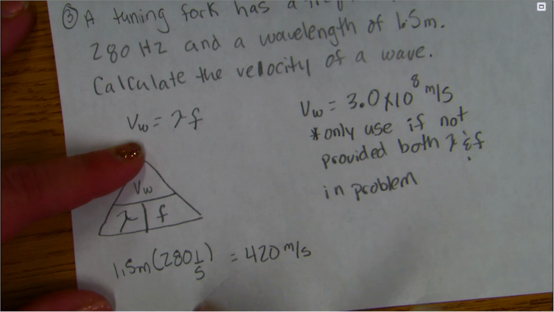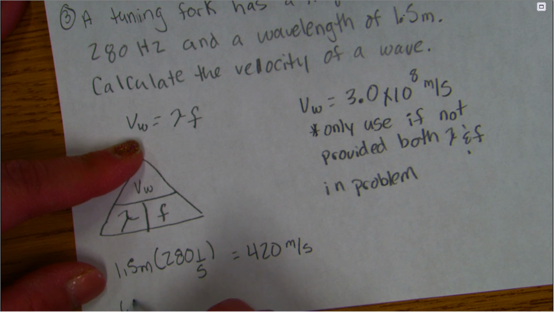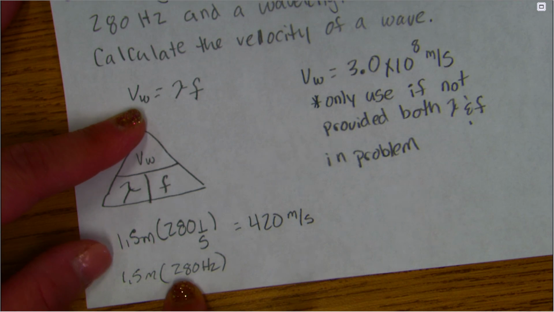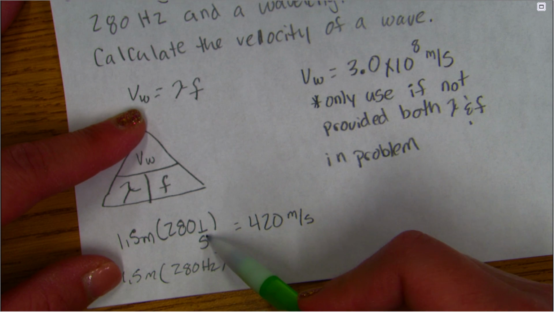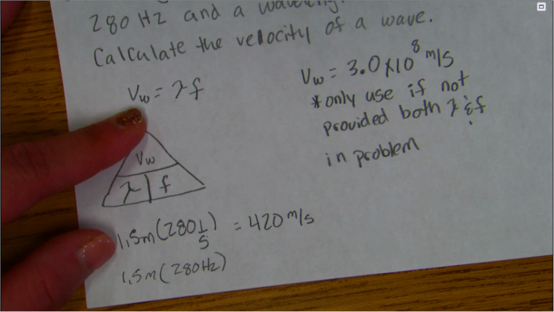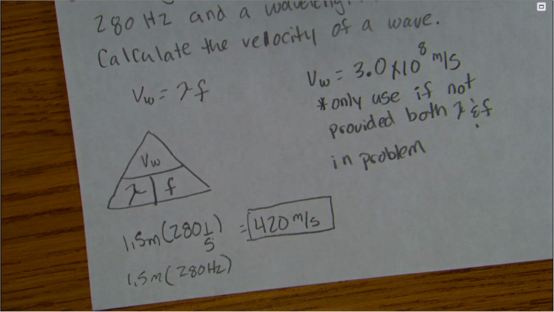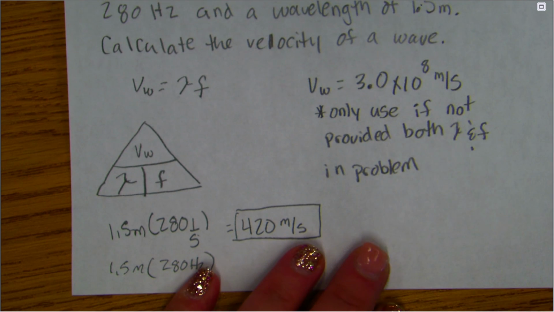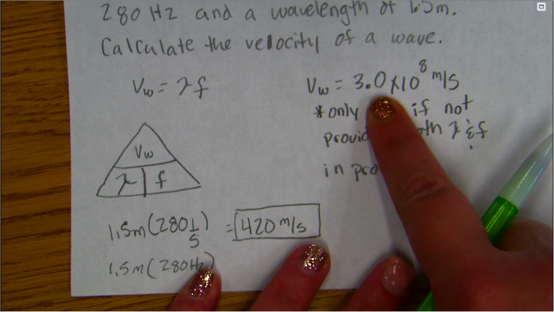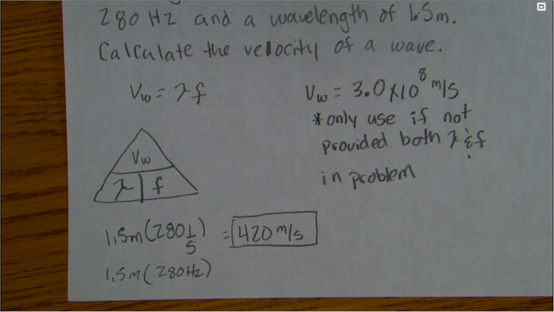You could have written this 1.5 meters times 280 hertz. And if you had showed me this setup, that would have been acceptable because hertz and 1 divided by second are the same thing. All right, so there is our final answer for number 3. Now, in our practice problems we do in class, we are going to practice when do we use this 3.0 and when do we not use it.